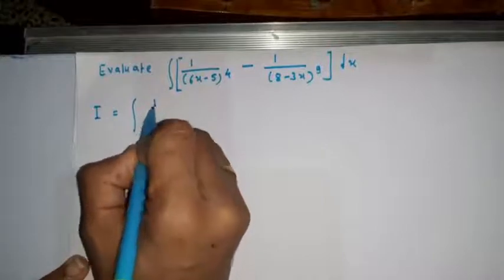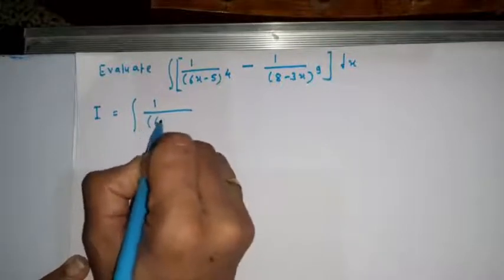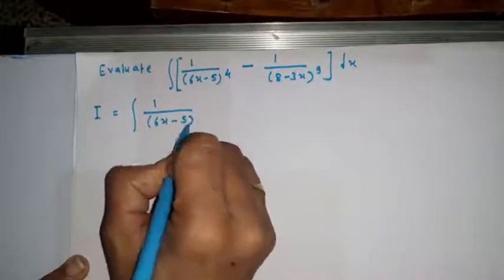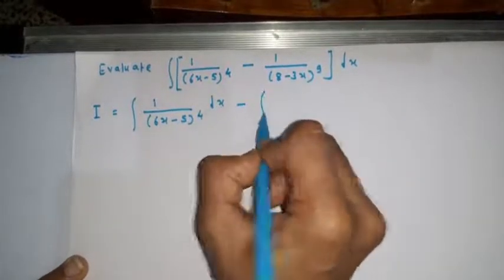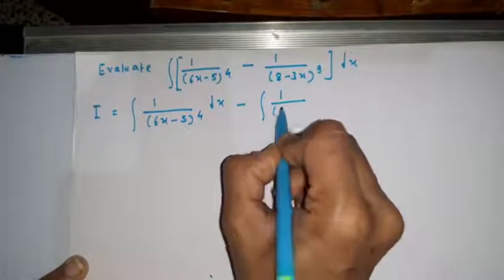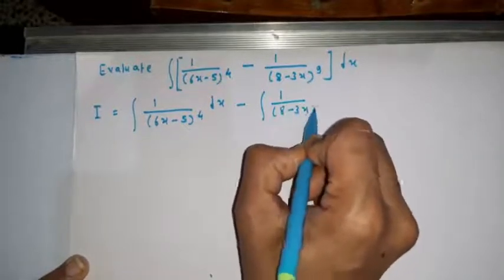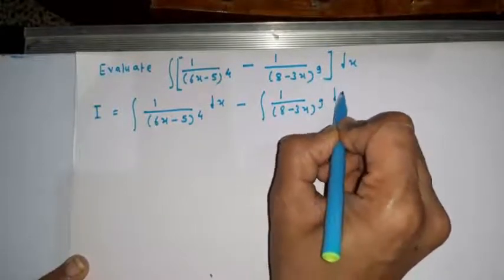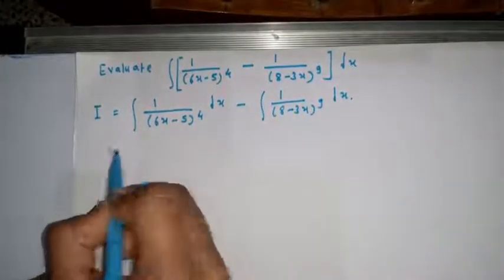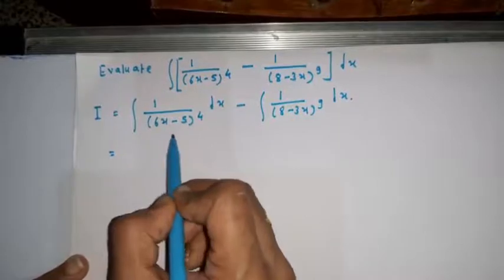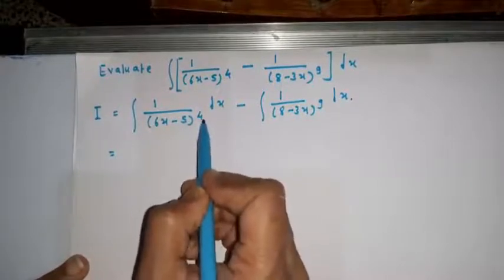That is, integration of 1 upon (6x minus 5) raised to 4 with respect to x, minus integration of 1 upon (8 minus 3x) raised to 9 with respect to x. In this way, we have to integrate. But see, students, which formula we have to use.